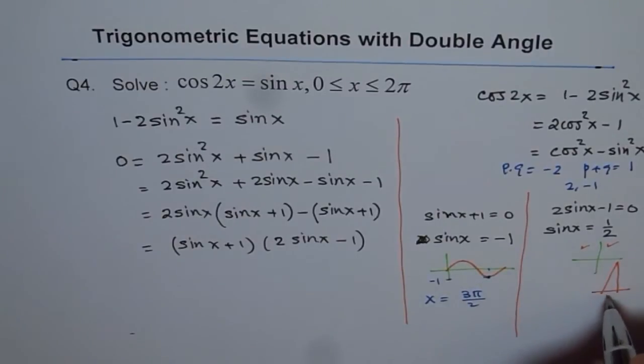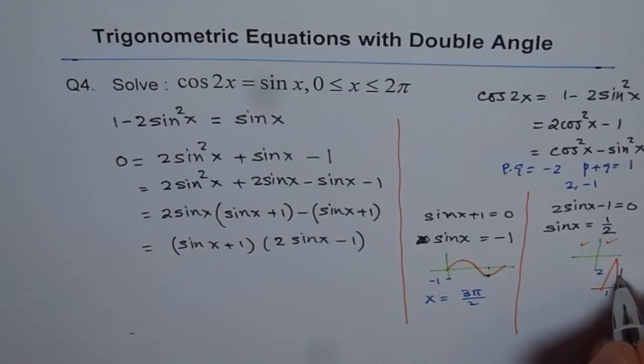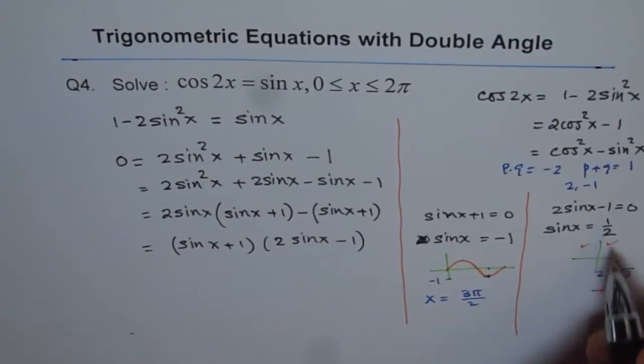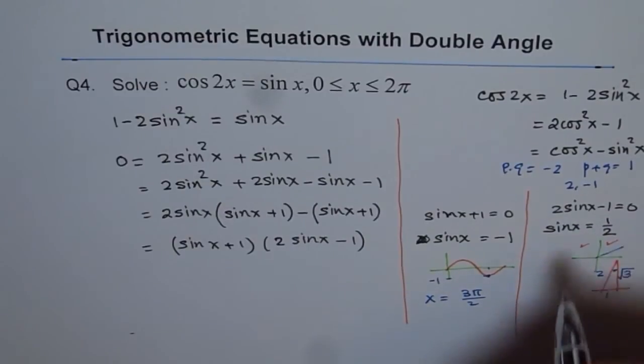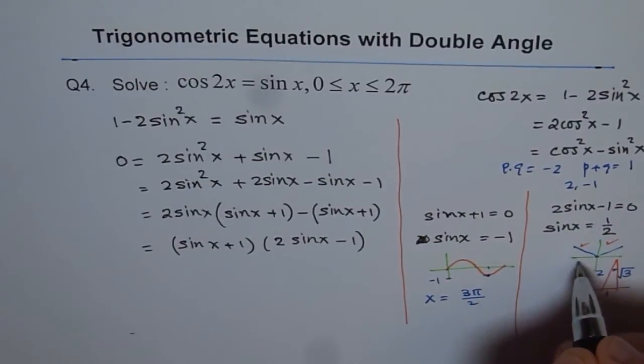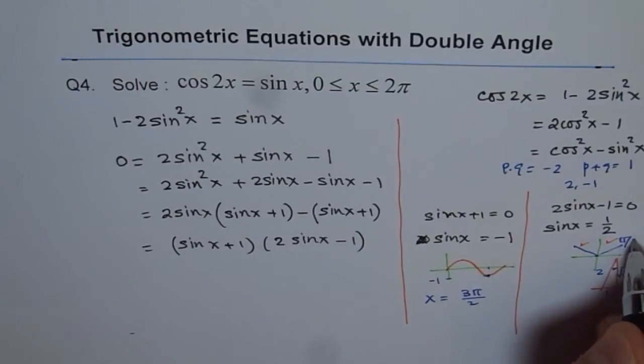So we have the sides as 1, 2, square root of 3. Sin x is half for this angle, which is 30 degrees or pi by 6. So we have pi by 6 here and also pi by 6 on this side, right? So this is pi by 6, one solution.